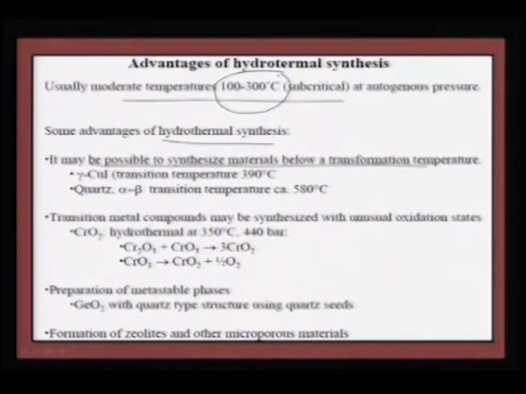For example, this is the transformation temperature of gamma copper iodide, and because we are using temperatures below 300, we can easily stabilize this. Or for quartz, the transition temperature alpha to beta is at 580, therefore at low temperatures you can actually stabilize one of the phases.